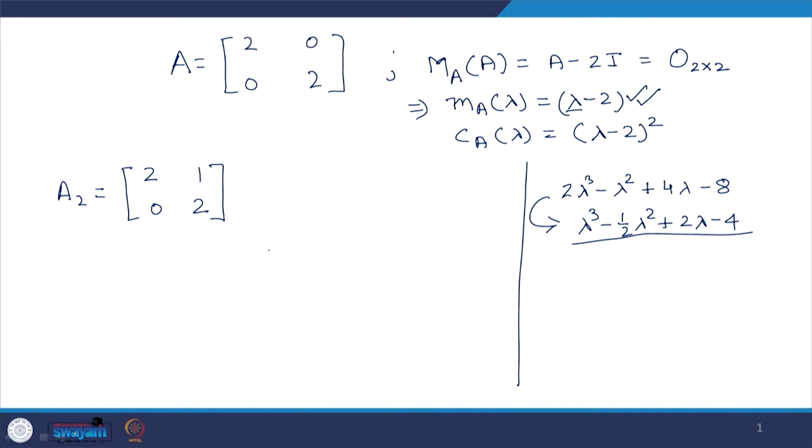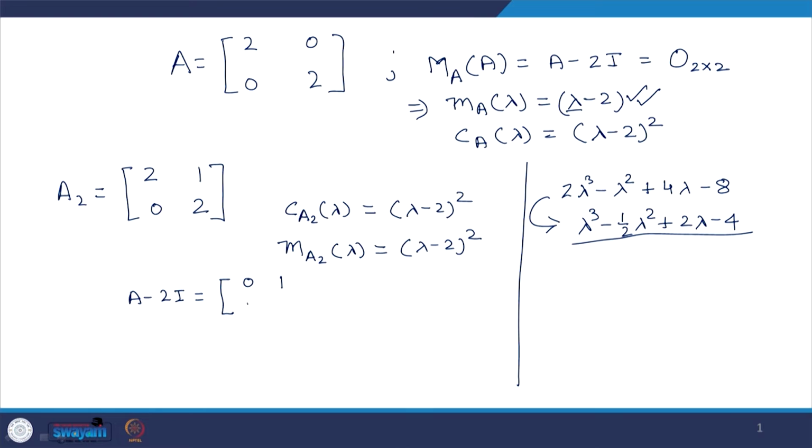The characteristic polynomial of this matrix is (lambda minus 2) whole squared, and the minimal polynomial is again the same, (lambda minus 2) squared. Here A minus 2I becomes 0 1 0 0, which is not a null matrix of size 2 by 2.